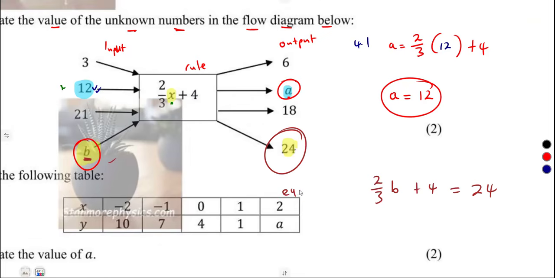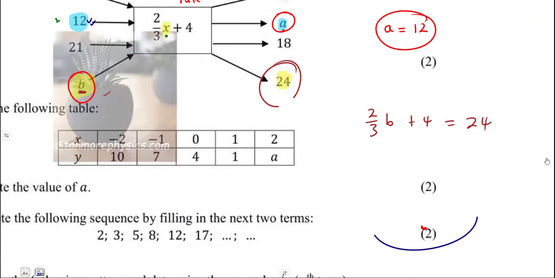So I formed an equation where I need to solve for B. Let us solve for B in this case. This is a linear equation, so let's get rid of this 4. Simply subtract it both sides. So I'm going to obtain 2 over 3 b is equal to 24 minus 4, which is 20.